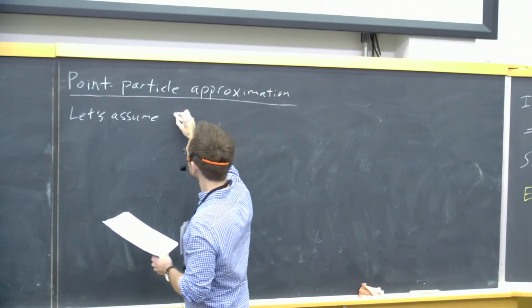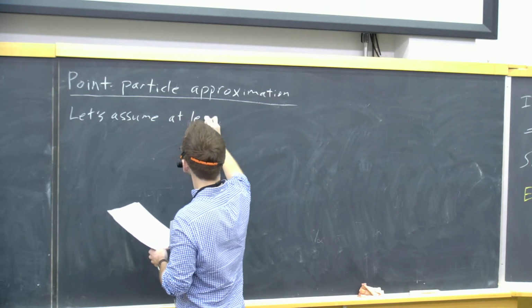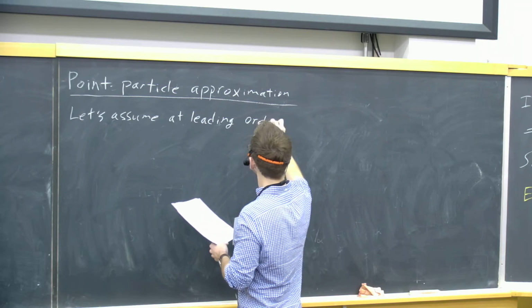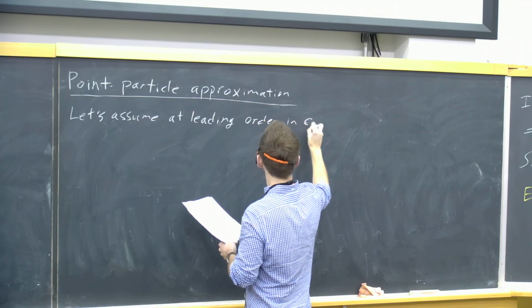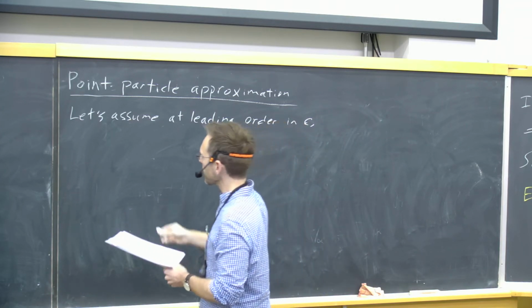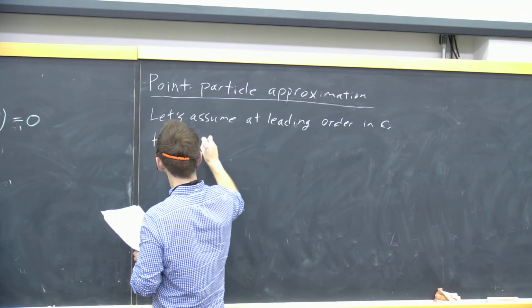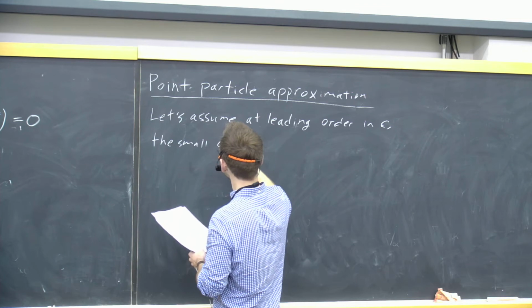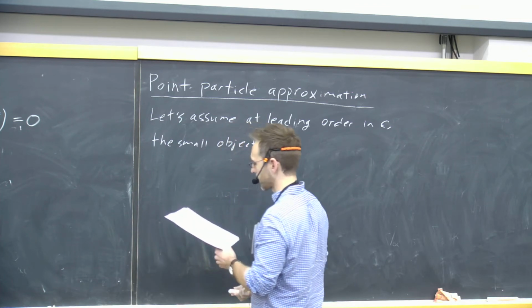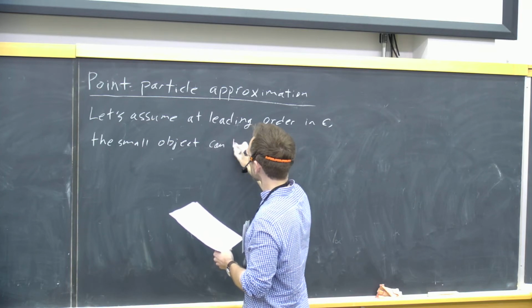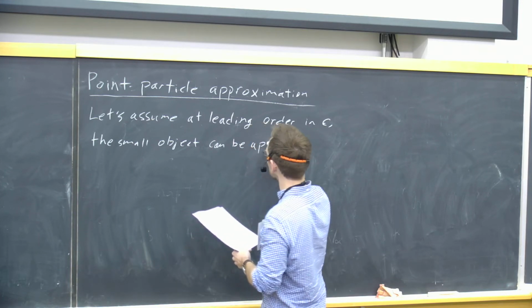Let's assume at least at first order in epsilon, the small object in the EMRI can be approximated by a point particle or a point mass.